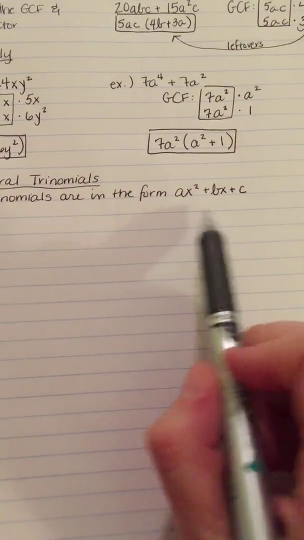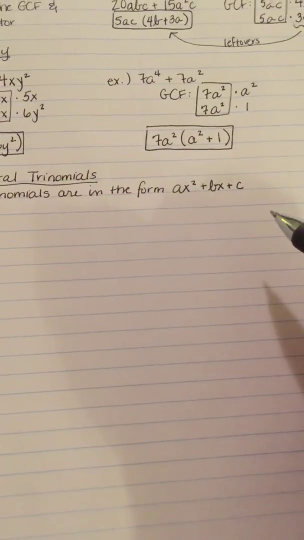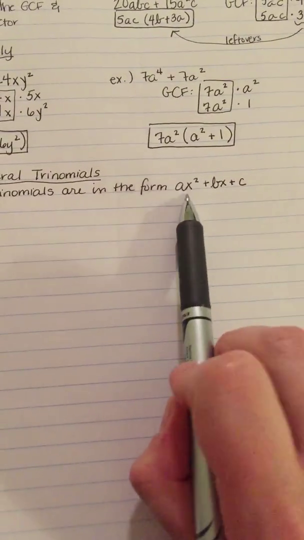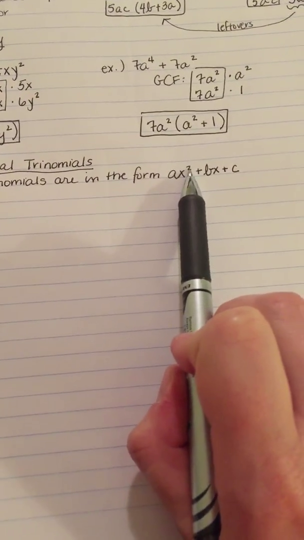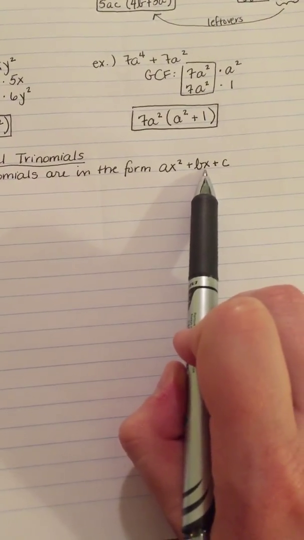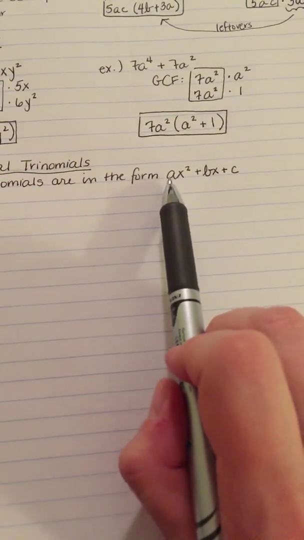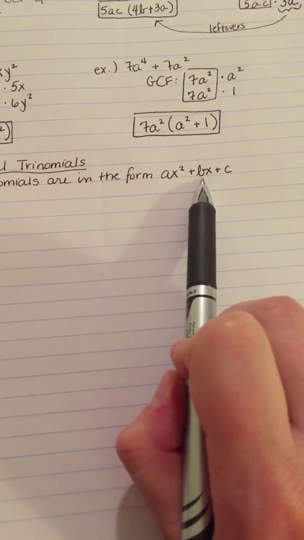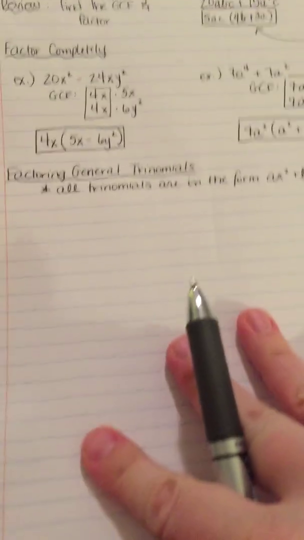This is the format of every trinomial we've ever worked with when it comes to multiplication or just trinomials in general. You've always had a variable that's been squared, then the variable again, but just as a power of 1, and then a constant. So you have an a and a b, which are coefficients, so those are the plain numbers, and c again, which is the constant, so that's the number without the variable.